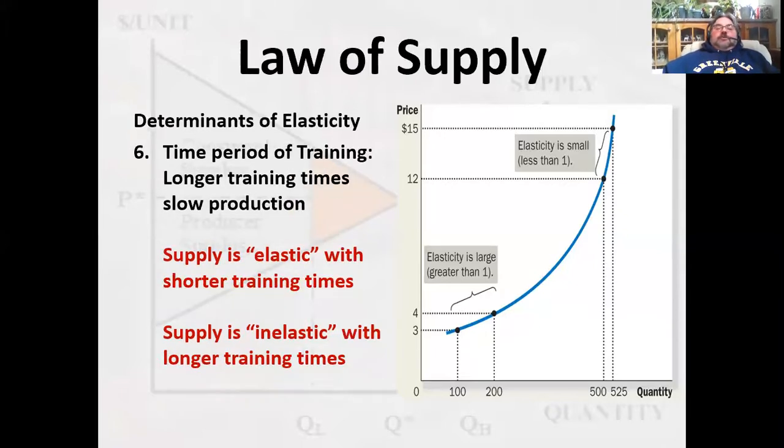Item number 6, time period of training. This is one that a lot of people don't think about, because when we talk about resources, we talk about land, labor, and capital as the 3 resources that we have in order to do production.